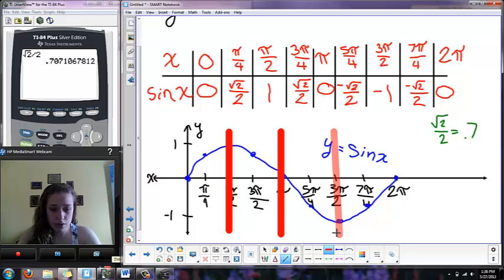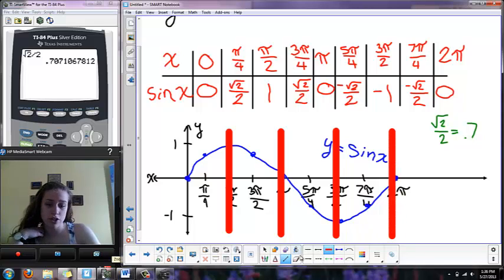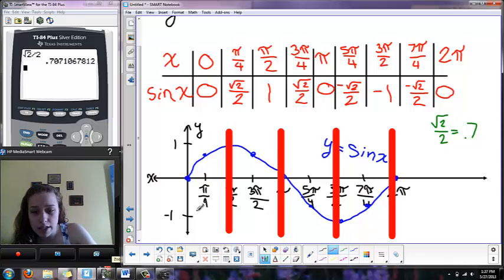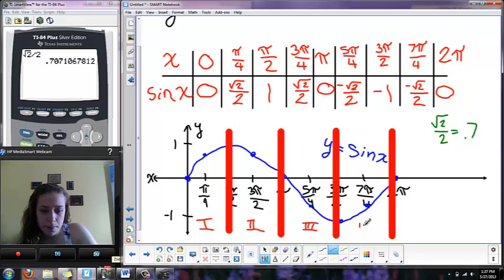And then the fourth quadrant is between 270 and 360. So that is what they're asking you to do. If the question on a test says break it up into quadrants, sometimes they even want you to label it, so you go through with your Roman numerals 1, 2, 3, and 4.